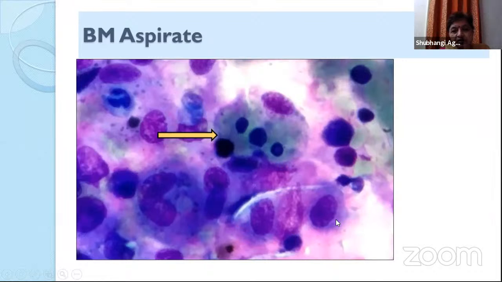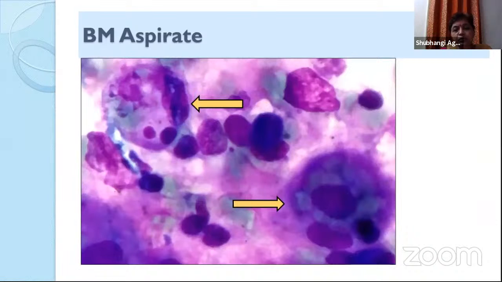These are the large cells which are present in clusters and singly scattered in the bone marrow. All these large cells have slightly eccentric nuclei, and their cytoplasm is filled with lymphocytes and erythroid cells. Here, neutrophilic cells are also present, and erythroid cells. So the cytoplasm is full of these cells in the bone marrow.